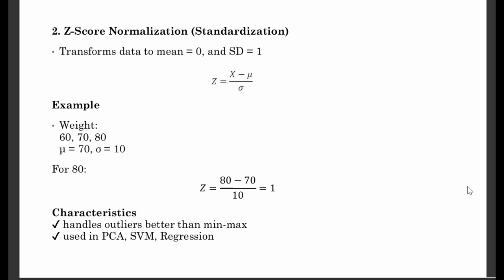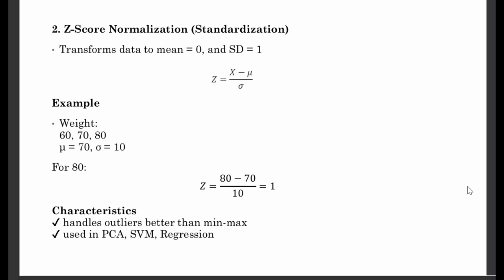For value 80, we can find the z-score by using the formula z is equal to x minus mu by sigma, which gives 1. The characteristics of z-score normalization: it handles outliers better than minimum maximum and is used in PCA, SVM, and regression models.